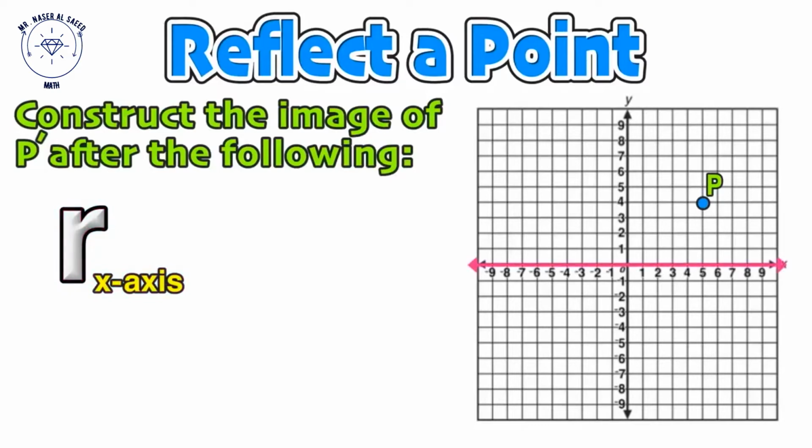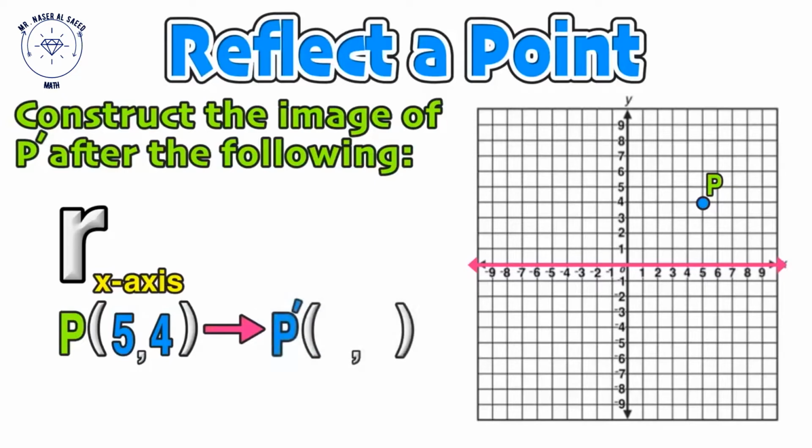We will count how many units the point P is away from the line of symmetry. In this case, four units, so we will count the same number of units on the other side of the line of symmetry. So again, four units, and we have the location of the point P prime with coordinates (5, -4).